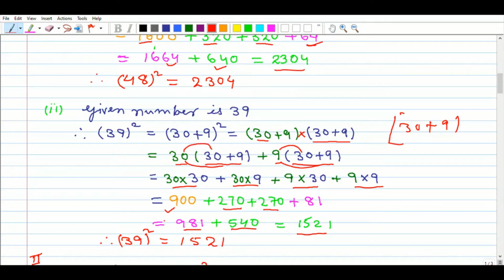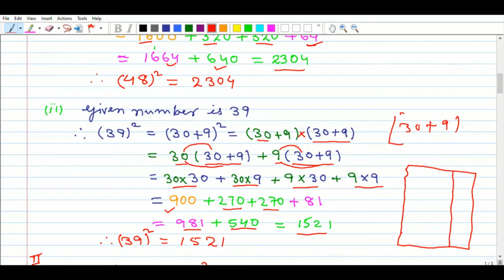According to some authors of mathematics books, this method is also called a visual method, you can say that. They draw a rectangle of such type and write the values, isn't it.